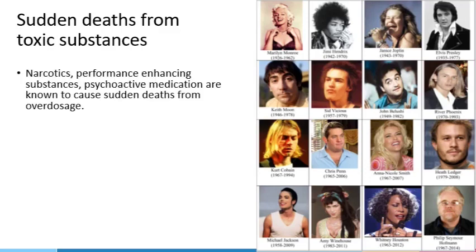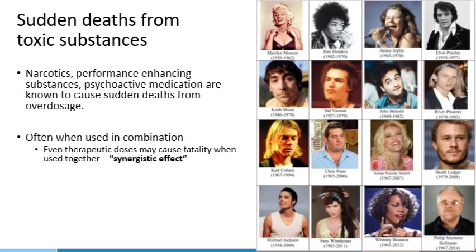So really, both in terms of overdosage as well as certain types of synergistic effects, especially when drugs are used in combination, can cause fatality even in therapeutic doses. It's very important to realize that.